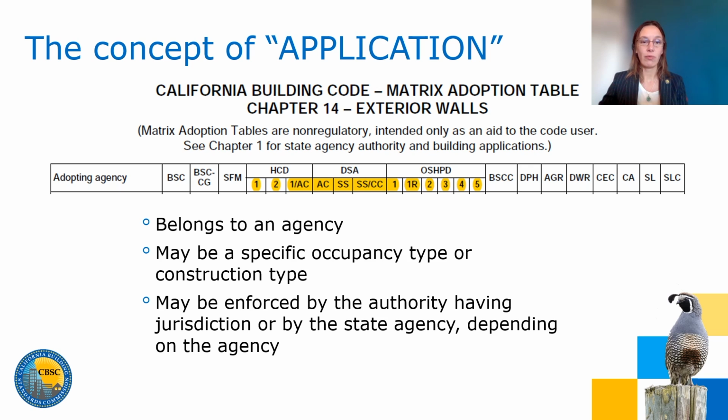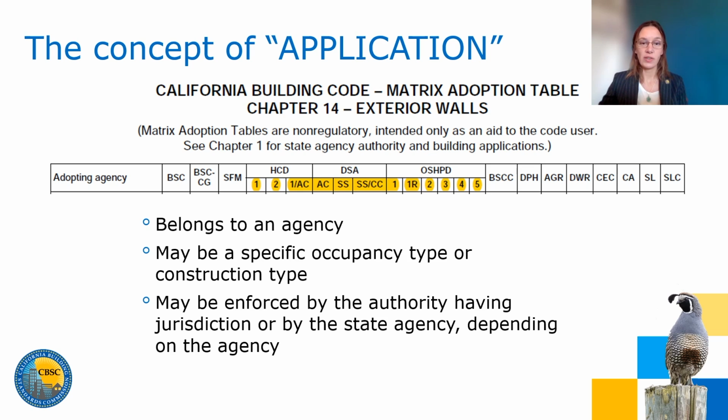In Title 24, application comes from the authority granted by California legislature. Some agencies have varied applications, so they have additional identifiers to help the code user. For instance, DSA adopts and amends regulations for accessibility, AC, structural safety, SS, and structural safety for community colleges, SS/CC.